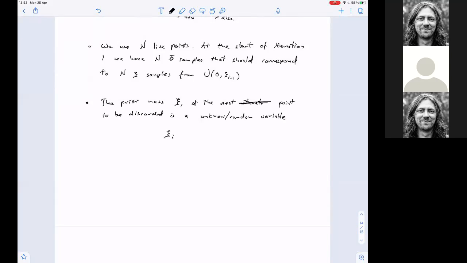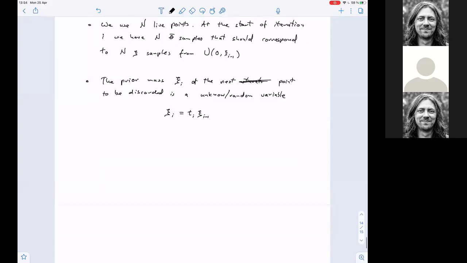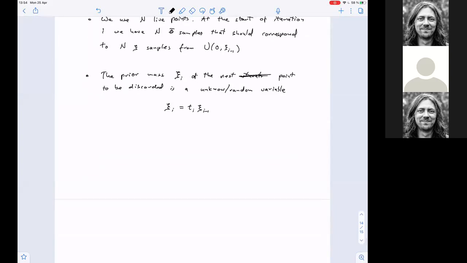and we can write this as psi i equals t_i times psi i minus 1, and t here is a shrinkage factor. It's a factor between 0 and 1 that tells you how much smaller psi i is than psi i minus 1. And the point is that we know the PDF for that.